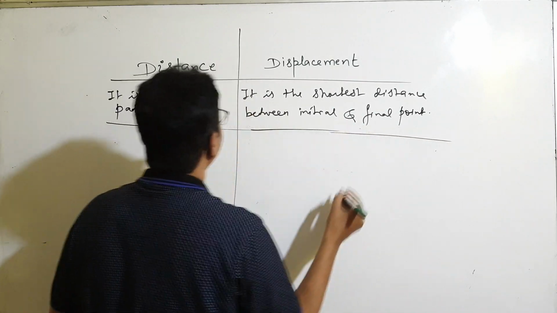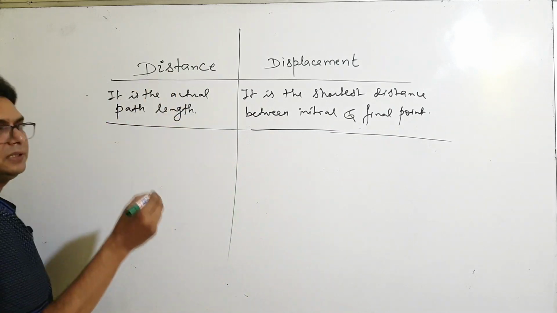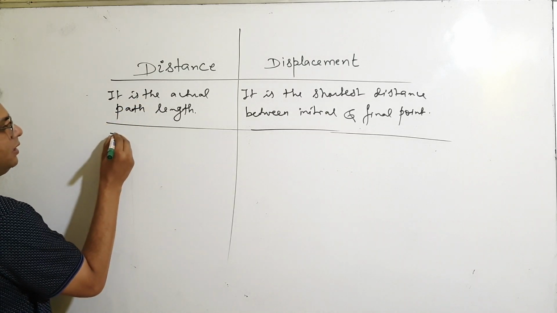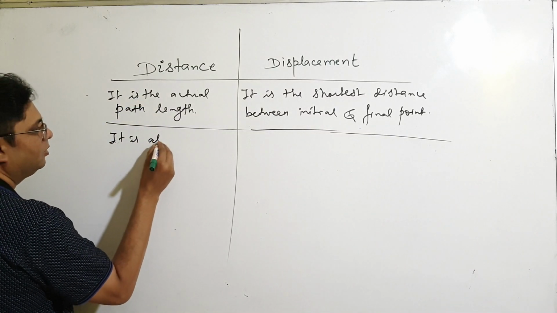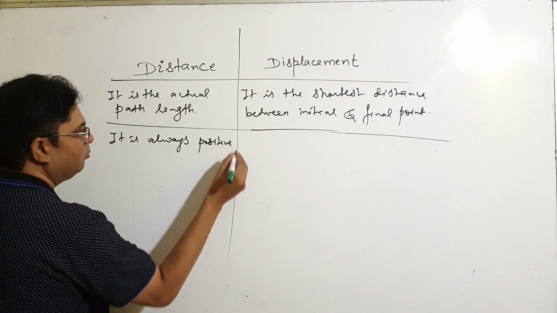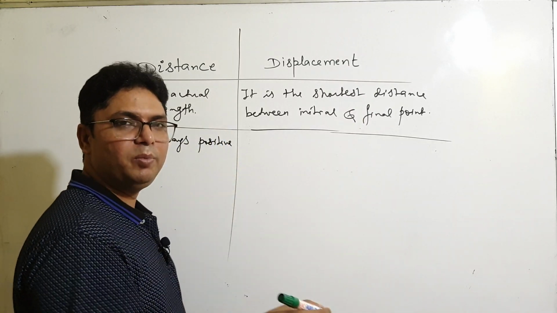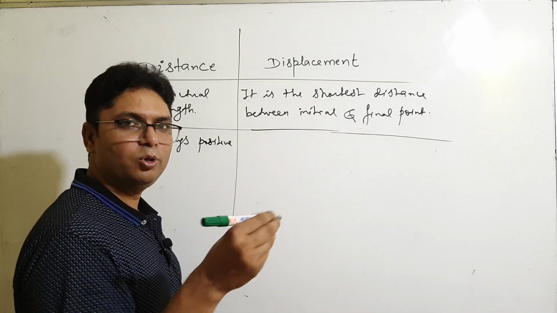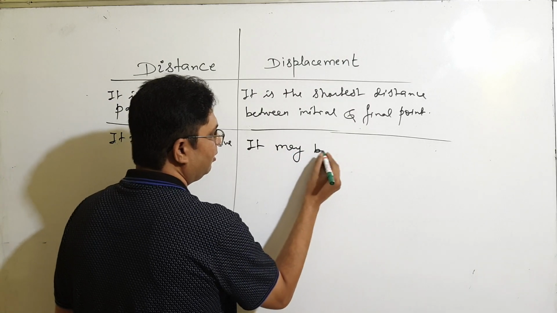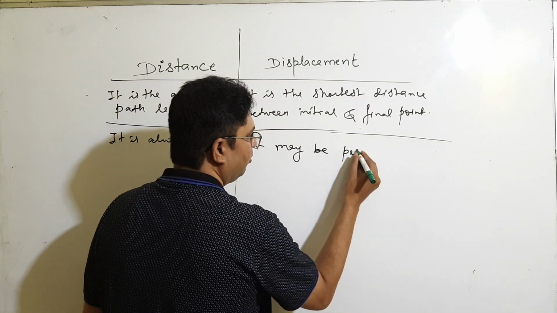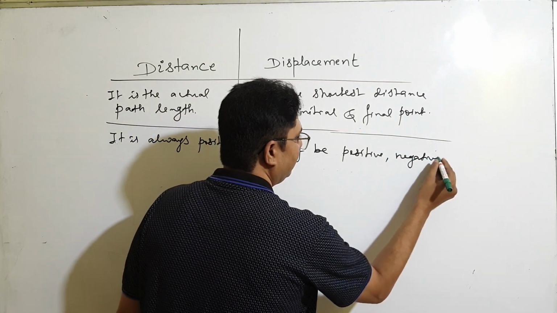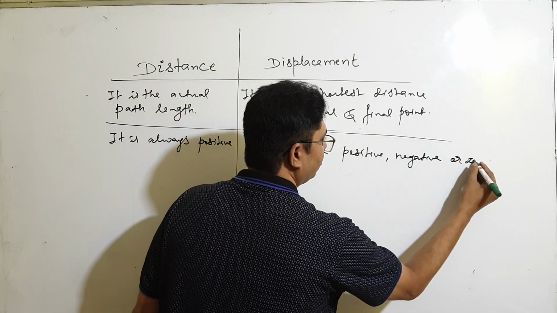Distance will always be positive. Displacement may be positive, negative or 0.